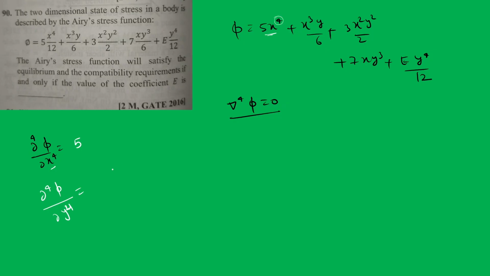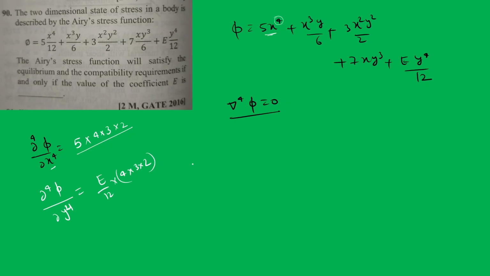I also have to multiply by 4, then y to the power 3, again 3, then y square, again 2, then y. So this will be e by 12 into 4 into 3 into 2, and the rest all will become 0.